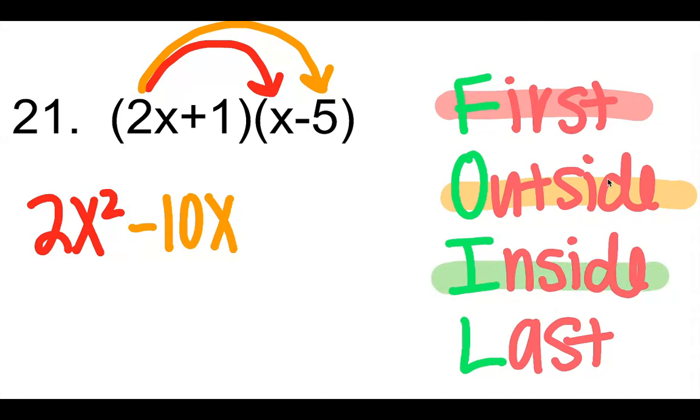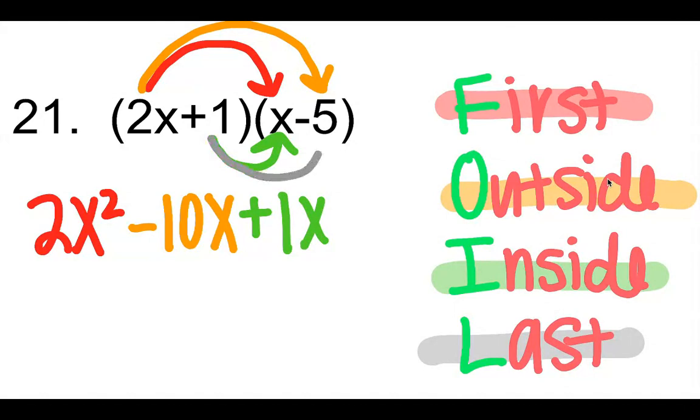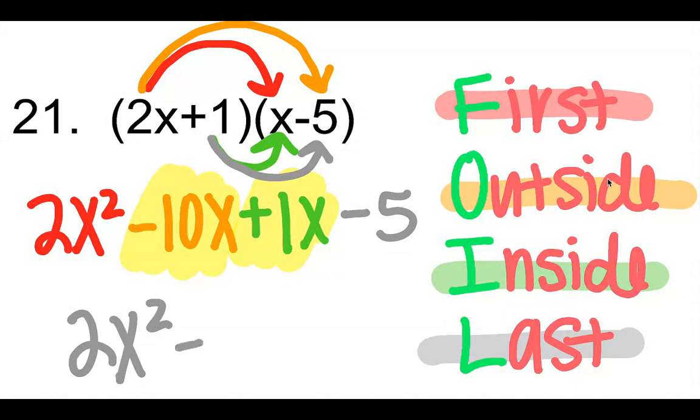Inside, which is 1 times x, which is just 1x. And then last is 1 times negative 5, which is negative 5. And then I can combine my like terms of negative 10x plus 1x. So I'm left with 2x squared minus 9x minus 5.